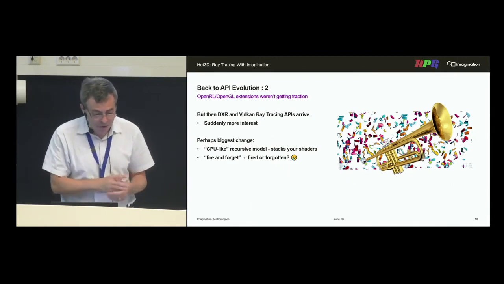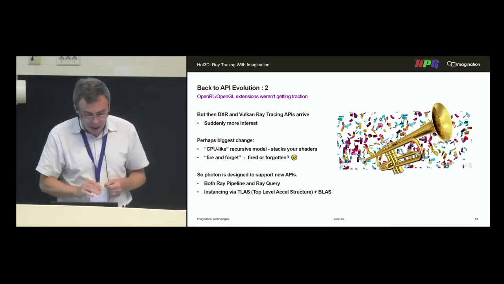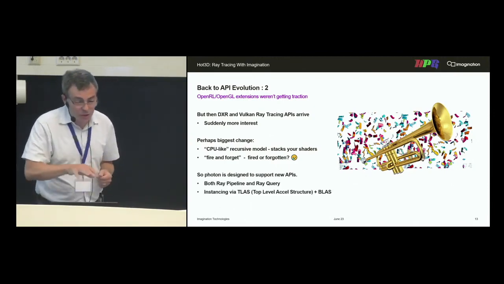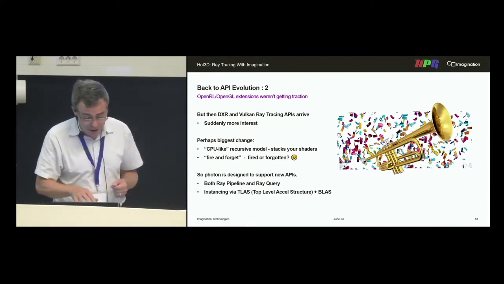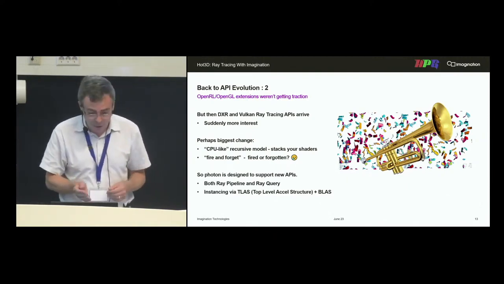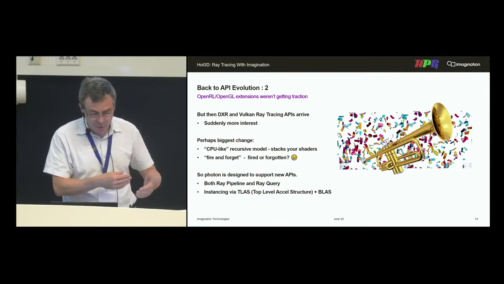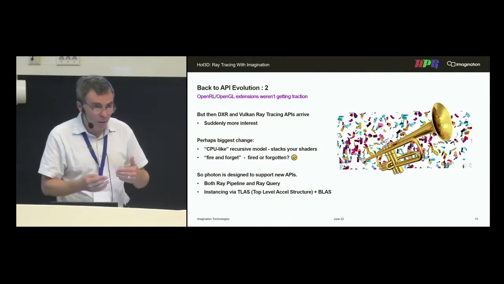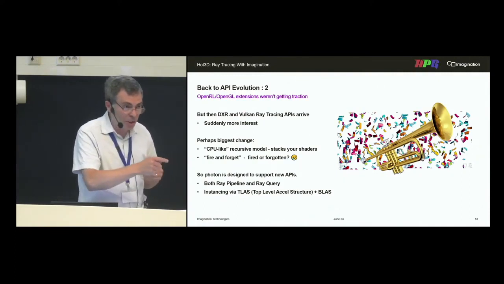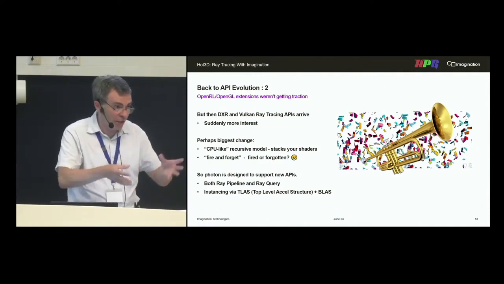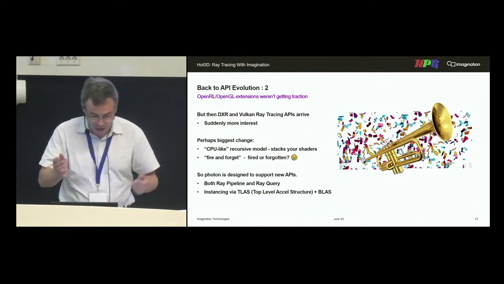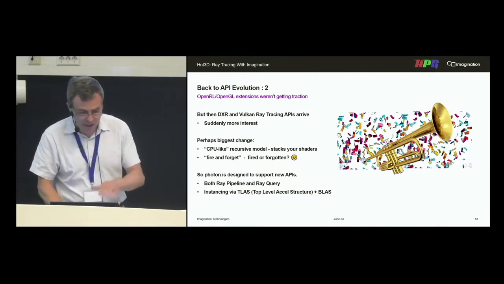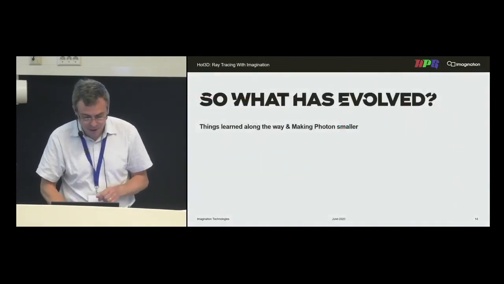Basically, fire and forget was fired and forgotten. So Photon is designed to support these newer APIs, both Ray Pipeline and Ray Query, and it does the instancing with top-level acceleration structure and BLAS. We had actually considered instancing previously, but assumed that everyone would want to do skinning and stuff, which would be a complete nightmare, so we hadn't considered doing that before.